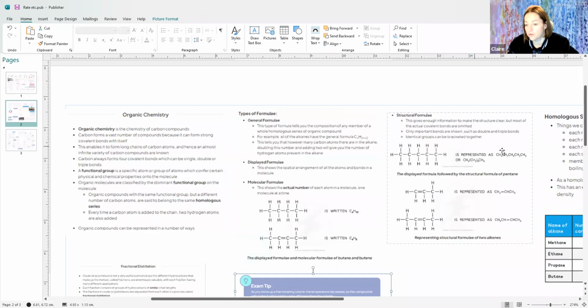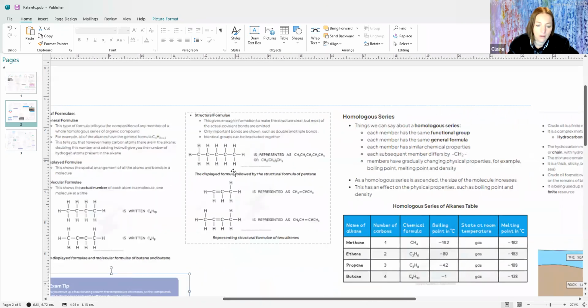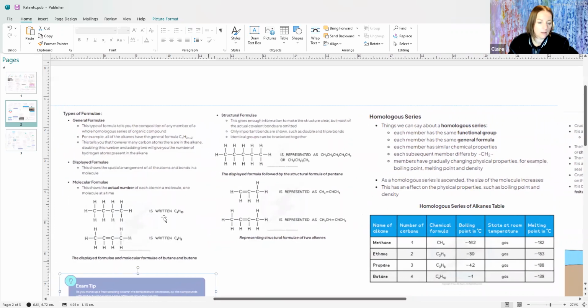You can do structural, so you can write it out like this, and when it gets to separates, you do sometimes see them written like this. The display formula structure of pentane gives you an overview of the different ways of writing out these hydrocarbons that can be requested.